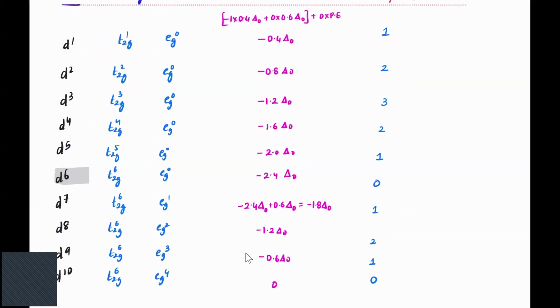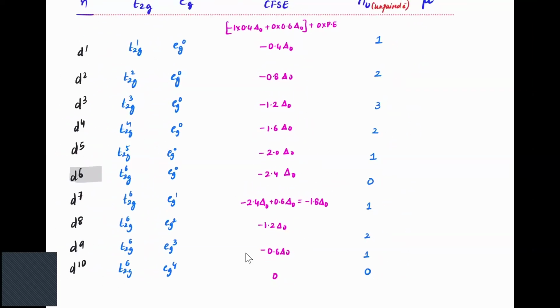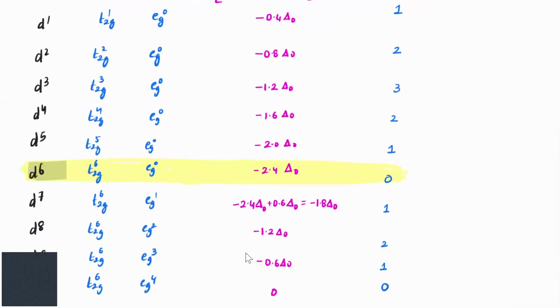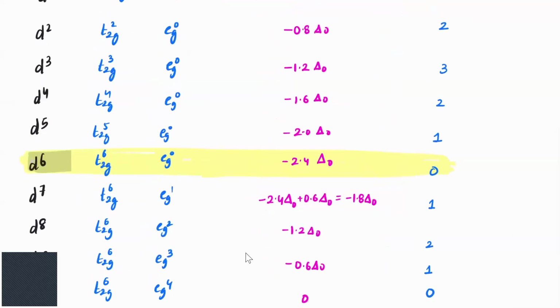So you'll get only one case where the CFSE is 0, that is D10 configuration. The highest value you will find is for D6 configuration. That's very, very important. So when you have a strong field ligand in a 6 ligand system, then D6 is the most stable configuration. I think now you can relate that why nickel cases, cobalt plus 3 cases, they are showing exceptionally high strong field nature.